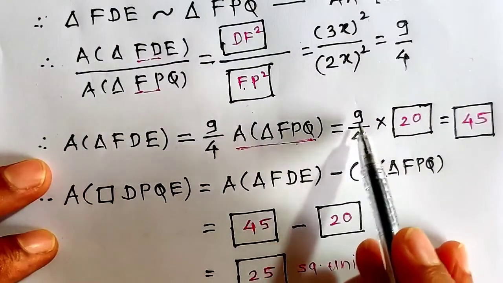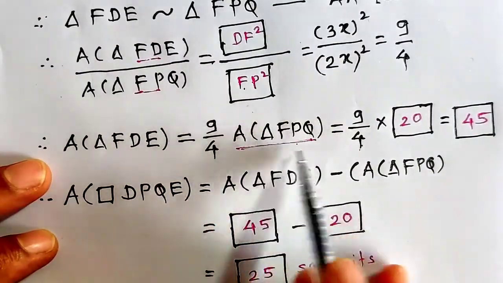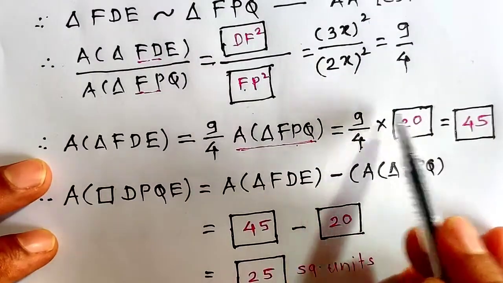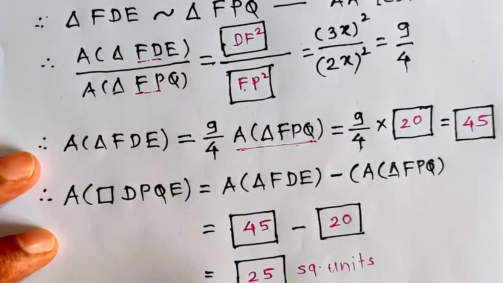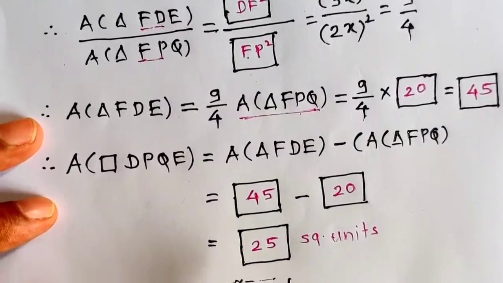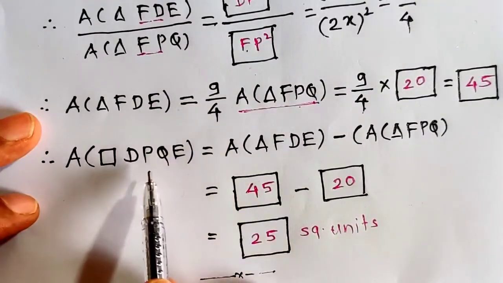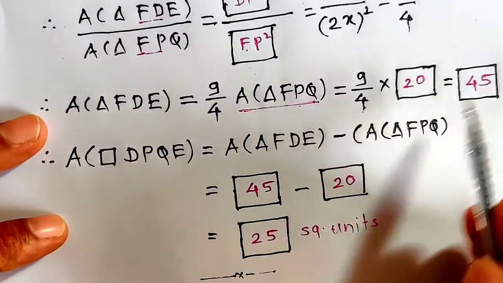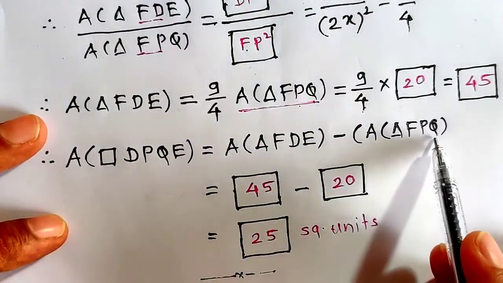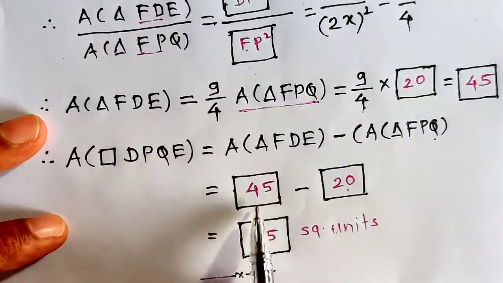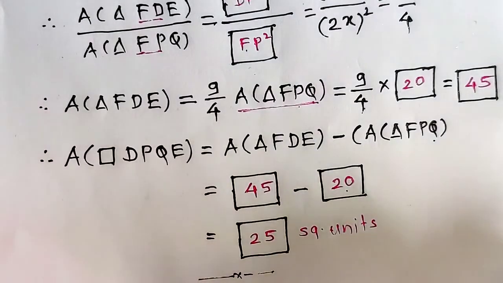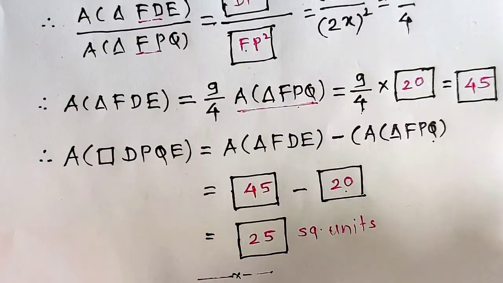Now substitute 9 by 4 and the value already given, 20. Now 4 ones are 4, 4 fives are 20, 9 fives are 45. In this way we get the answer 45. Last step, area of quadrilateral DPQE is equal to area of triangle FDE, 45, minus area of FPQ, that is given, 20. 45 minus 20 we get 25 square units. So in this way that practice set 1.4 is completed.